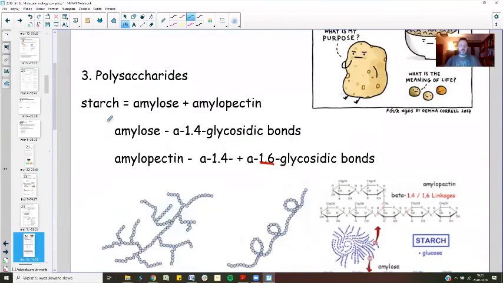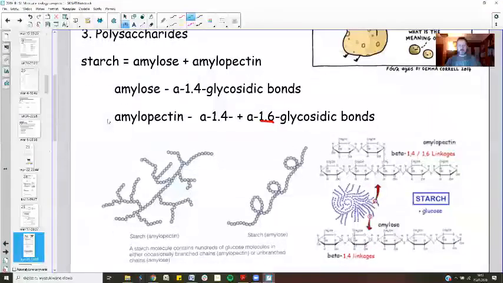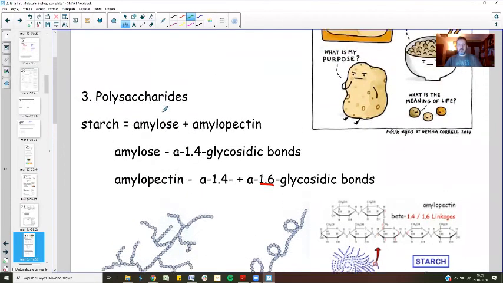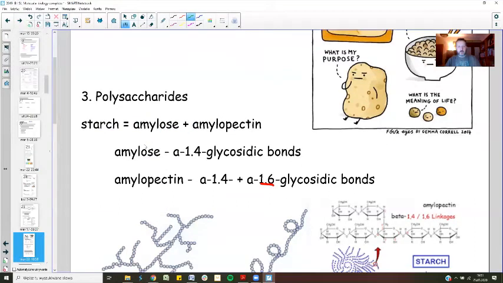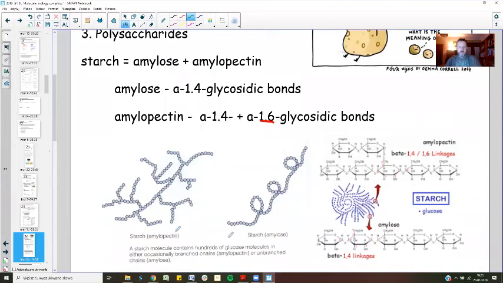Starch is famous for its presence in plant cells, especially in some organs of plants, such as in potato tubers. For instance, you can see here a potato drawing. Starch has two main subsections. One is called amylose and the other one is called amylopectin. You can see the shape here.